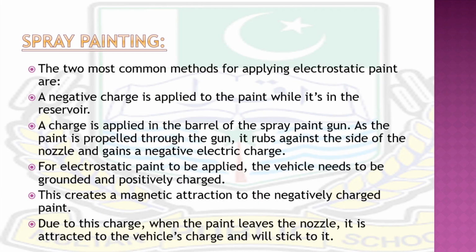The two most common methods for applying electrostatic paint are: number one, a negative charge is applied to the paint while it's in the reservoir, and the second, a charge is applied in the barrel of the spray paint gun. As the paint is propelled through the gun, it rubs against the side of the nozzle and gains a negative electric charge.